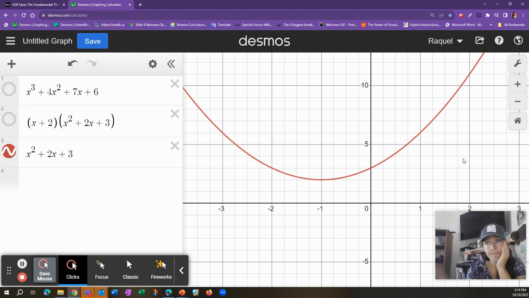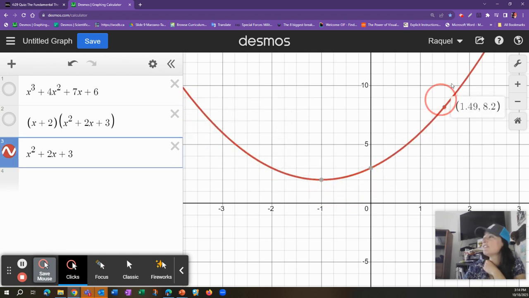No. It will not. It will never equal 0. That is as low as it'll get. That's the minimum right there. 2 is the minimum value, the minimum output value, the y value that this function, this parabola, will ever reach.